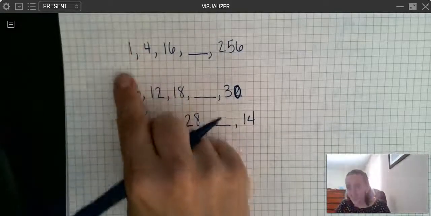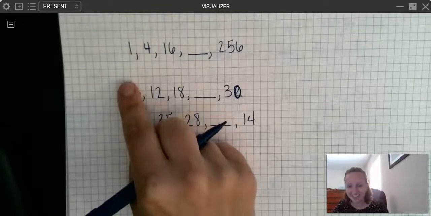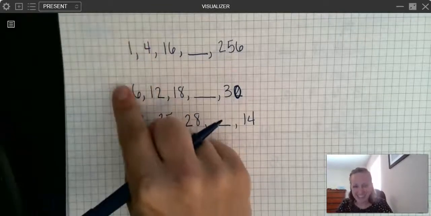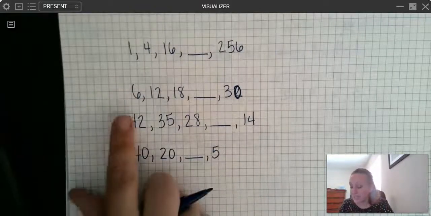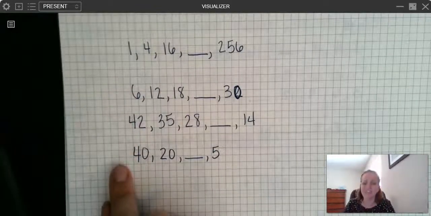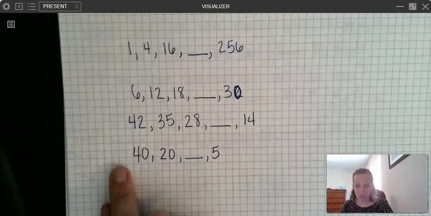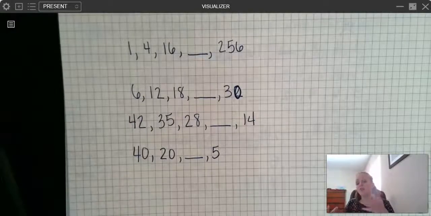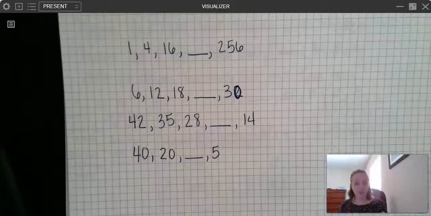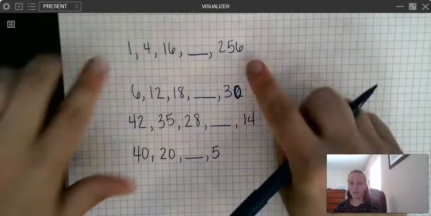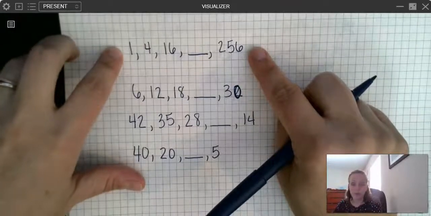Here I am likely to be using, sorry guys, I am likely to be using addition or multiplication because they're getting bigger. I was thinking about it backwards. And here, I am likely to be using subtraction or division because the numbers are getting smaller. So that helps us figure out what we're doing, because here I'm either going to be adding or I'm going to be multiplying.